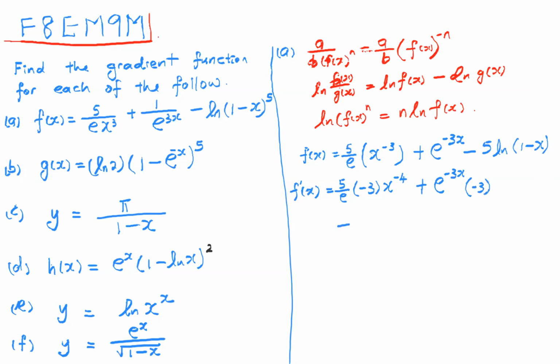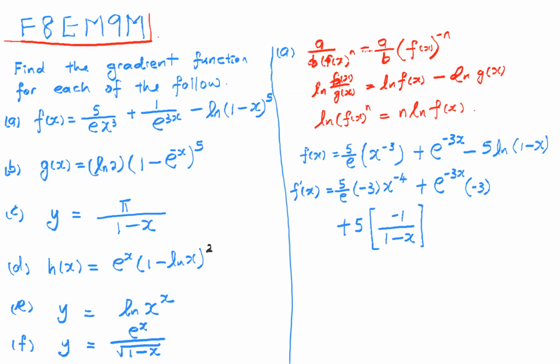Plus 5. When I want to find the rate of change of log terms, I will prepare a fraction line. Then I will fill in the blank. Up there, I'm going to write down the rate of change of whatever is in the log.